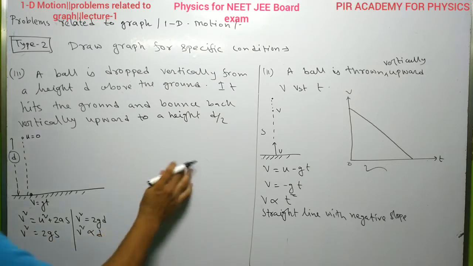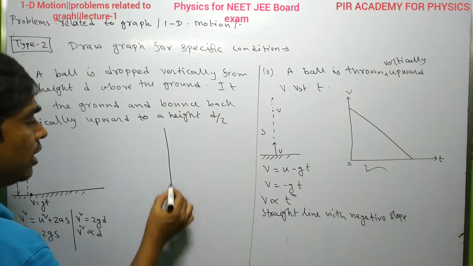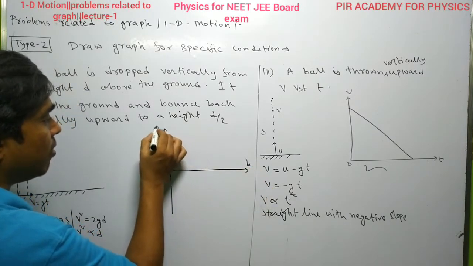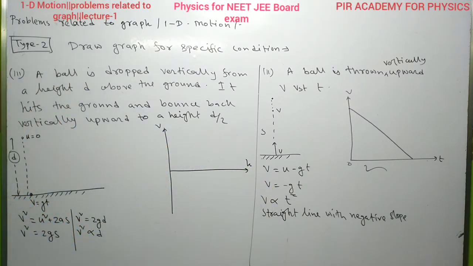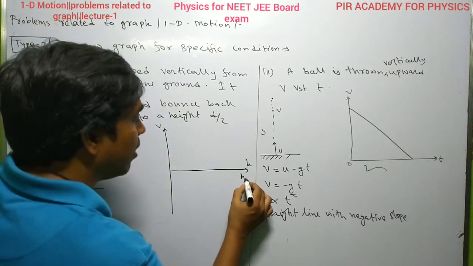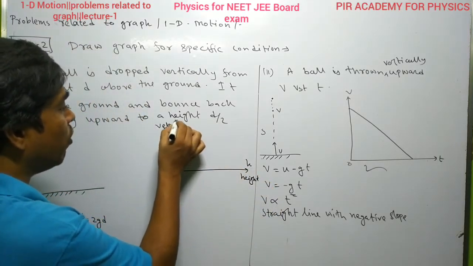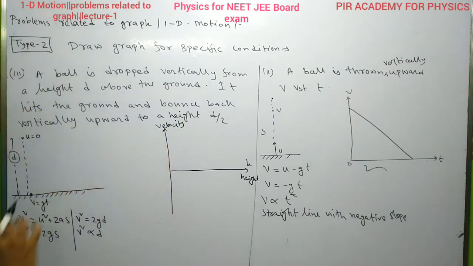So if I draw the height versus velocity graph, here is height and here is velocity, then it looks like a parabola.